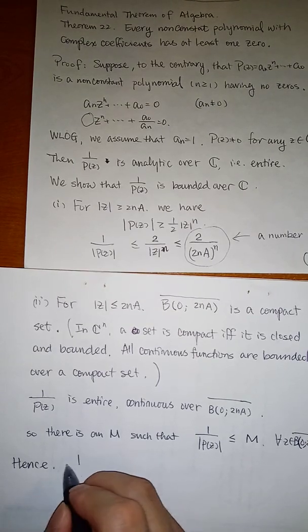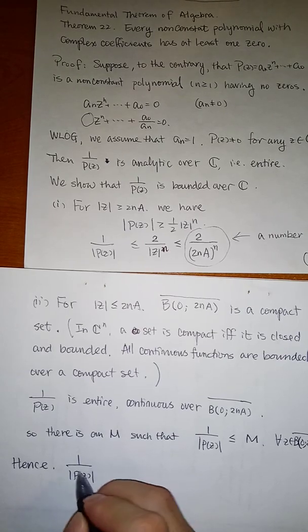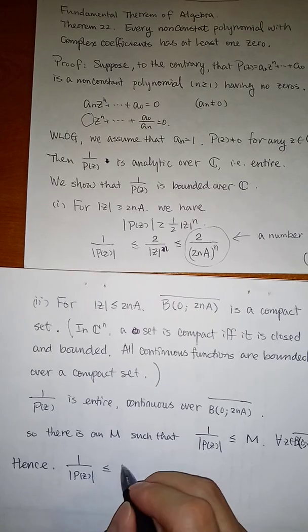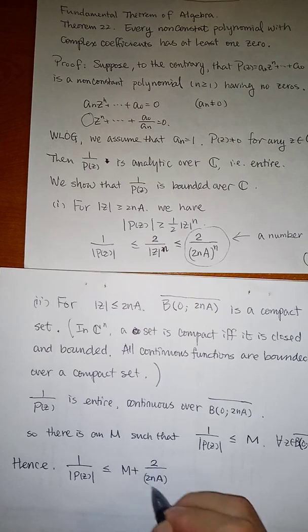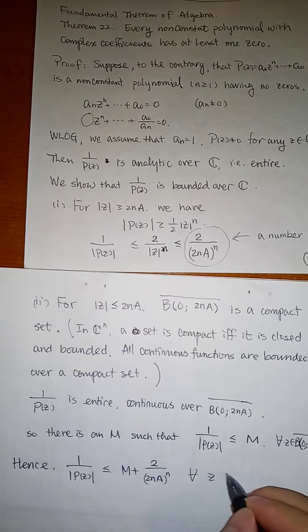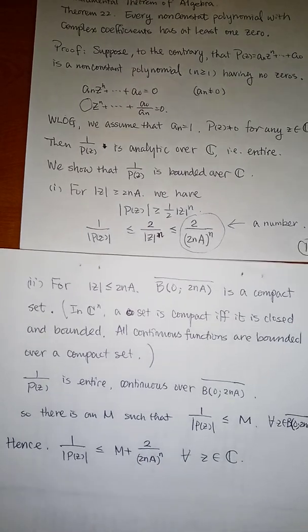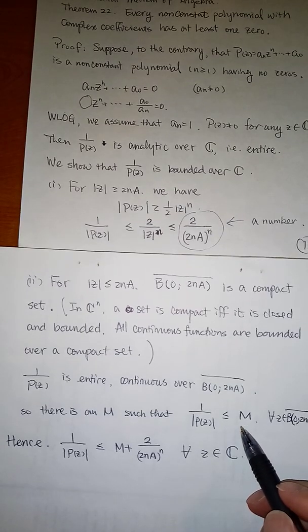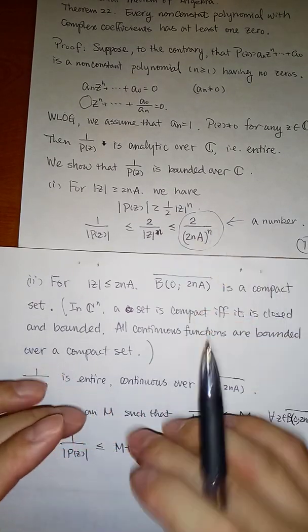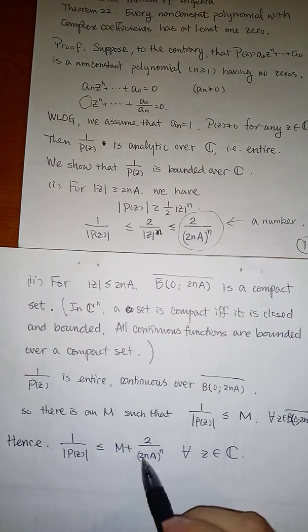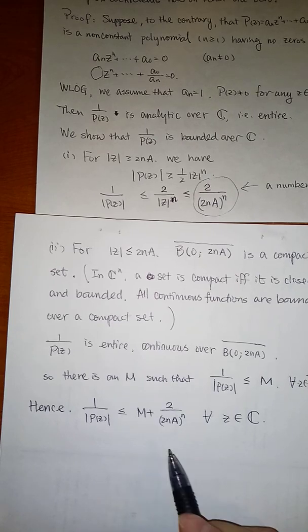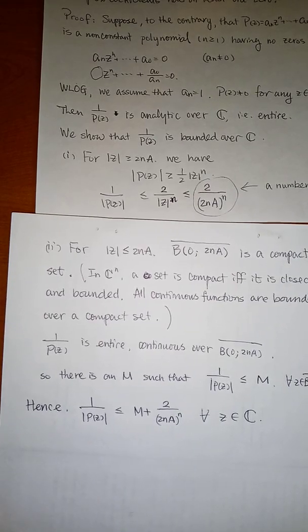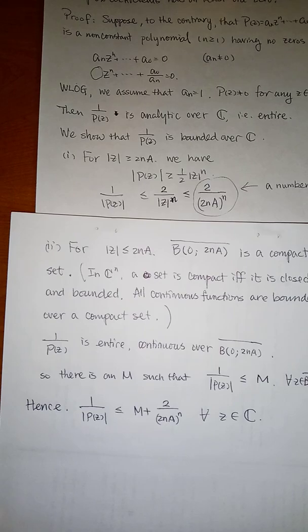Hence the absolute value of 1 over p of z is going to be less than or equal to M plus 2 over (2nA) to the nth power for all z in C. You have this bound for the closed disk and for the exterior part of the closed disk, and you just put them together. We don't care how large this number is, we just care that it is a fixed number.